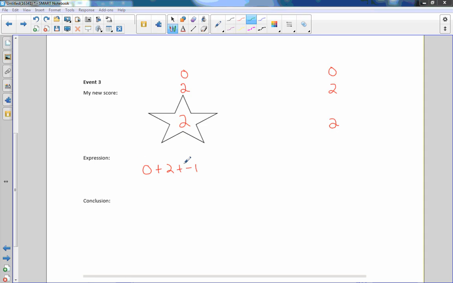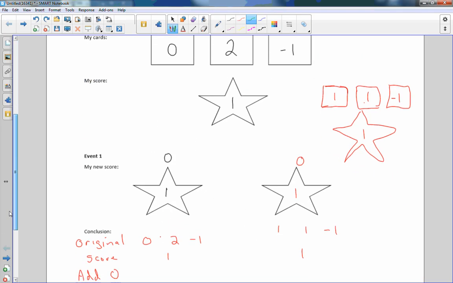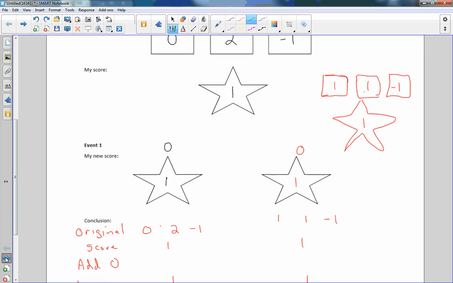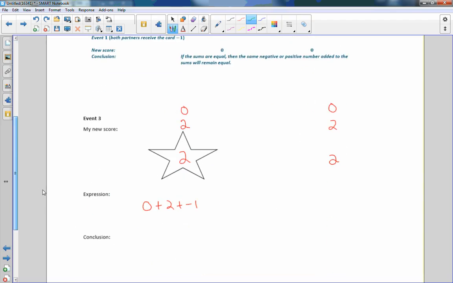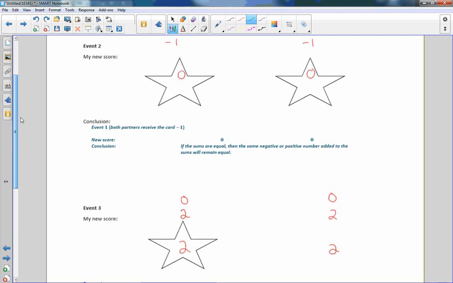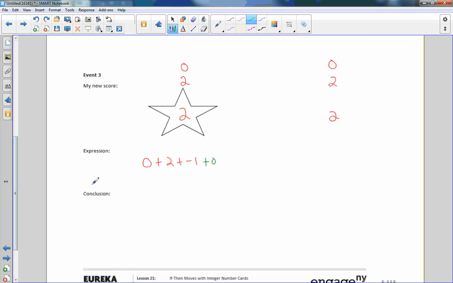Okay, so this was my original 3, and my first event was, I drew a 0. So I'm going to write that here. I'm going to write plus 0. Okay. And then I'm going to subtract 1. And then I finally added 2.